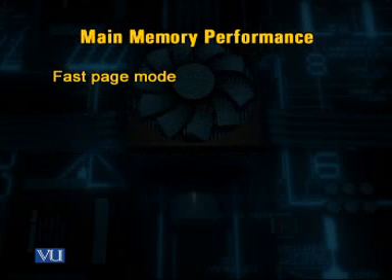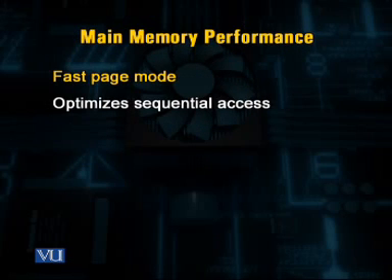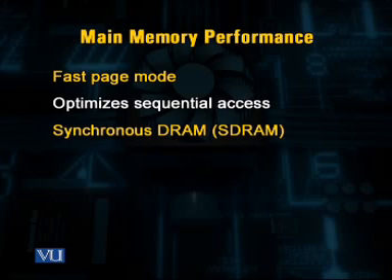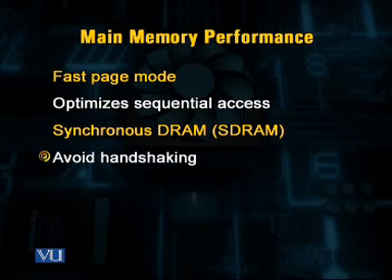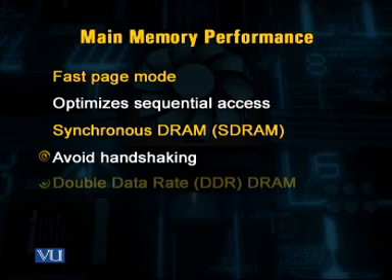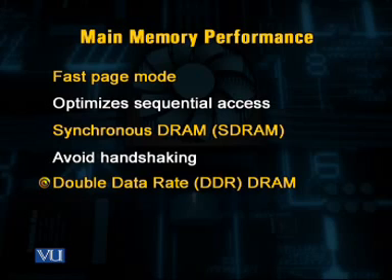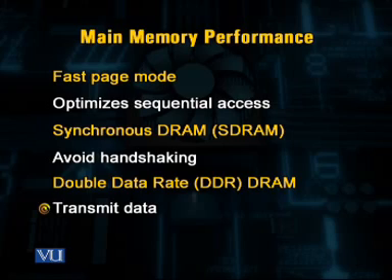The fast page mode DRAM is designed to optimize sequential access by exploiting the row buffer, whereas the synchronous DRAM avoids the need for handshaking between the chip and the memory controller, and the double data rate DRAM transmits data from the chip on both the falling as well as the rising edges of the clock signal.